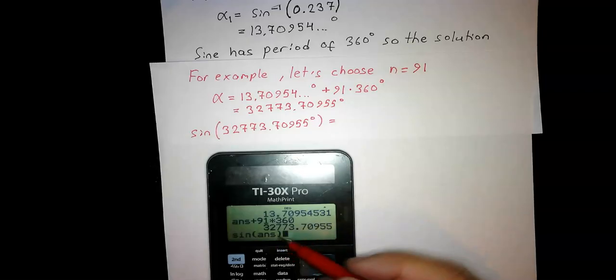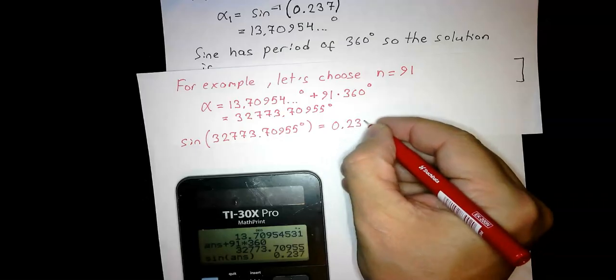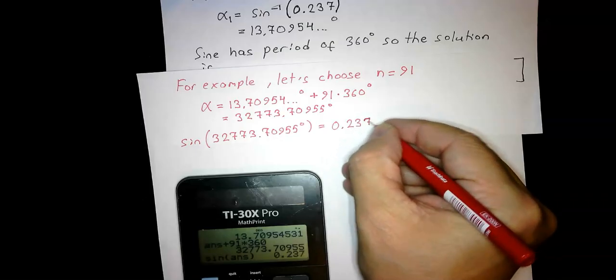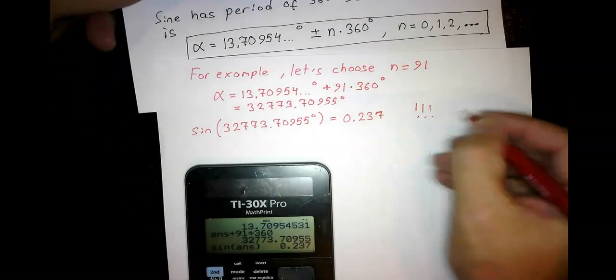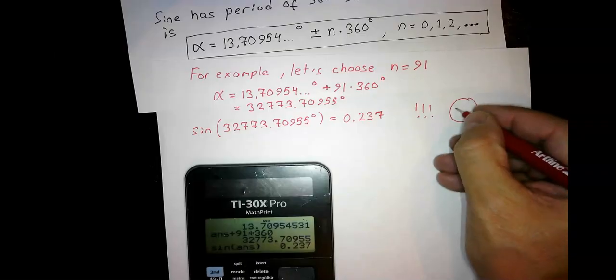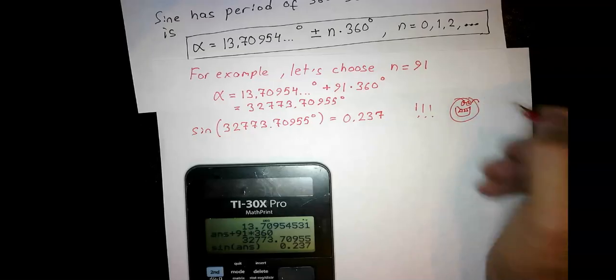So it will take the sine of this angle, and as you see, it gives us 0.237, so as it should be. And we are so happy because of that.